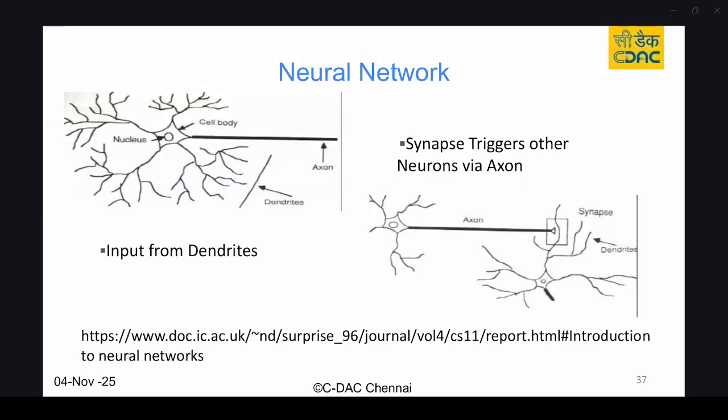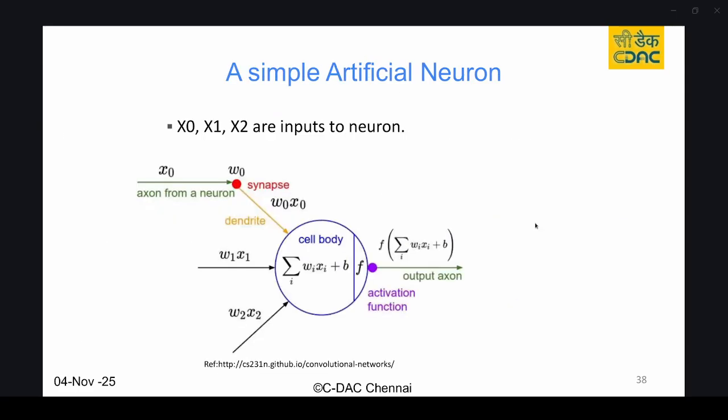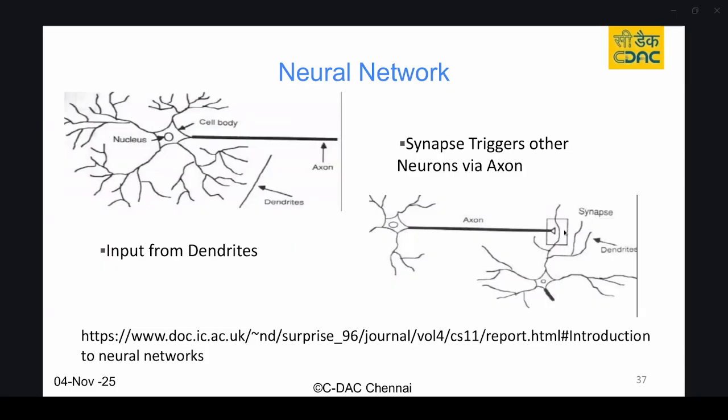Artificial neural network concepts came in the 1960s or 1980s itself. It was inspired by the neurons of the human brain, which have a nucleus and cell body as well as axons. Axons connect one neuron to another neighboring neuron via synapses.